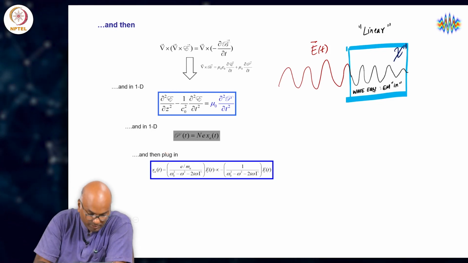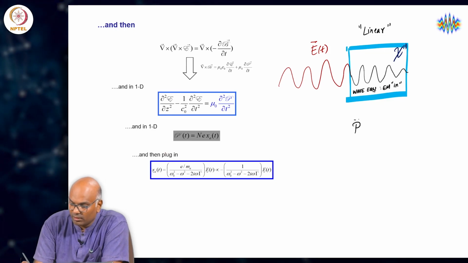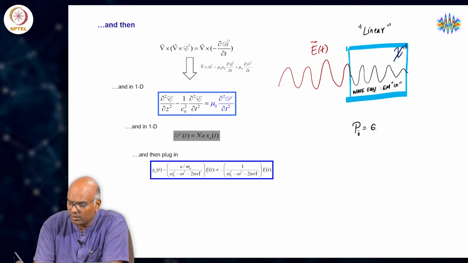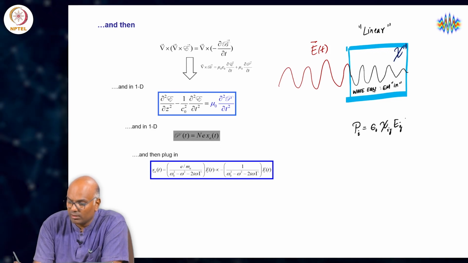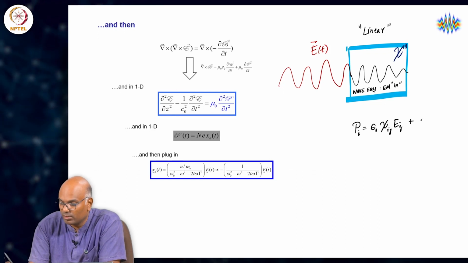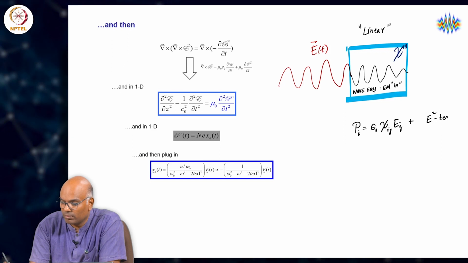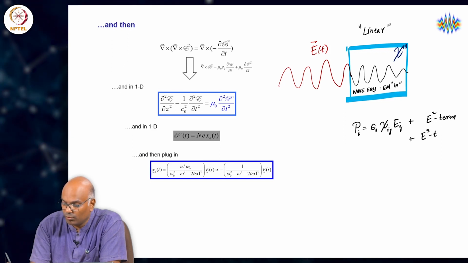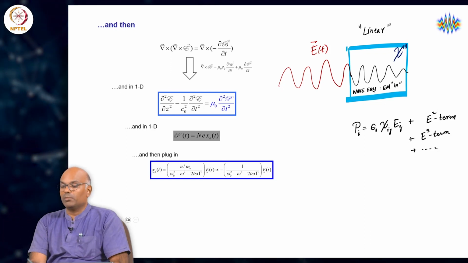Hitherto we said P_i is epsilon naught chi_ij E_j plus the E square term plus the E cube term plus higher order terms.